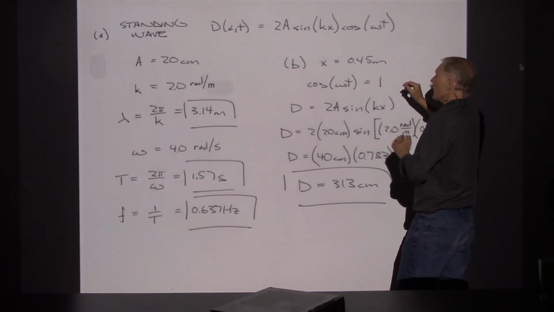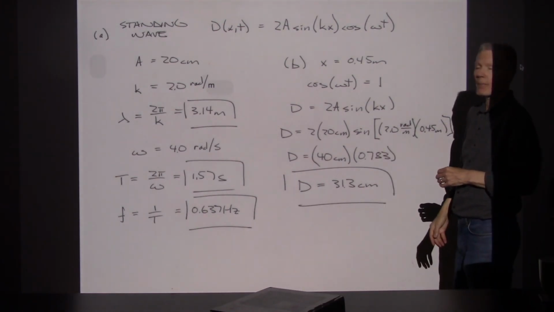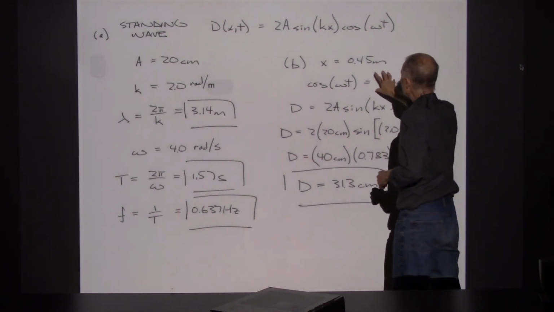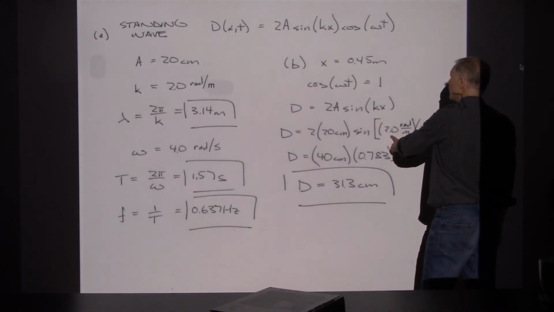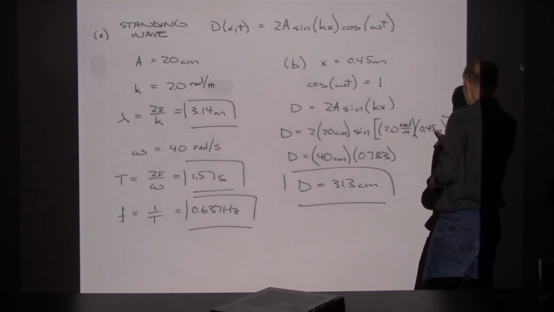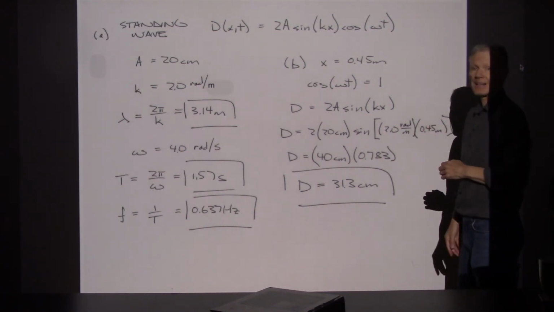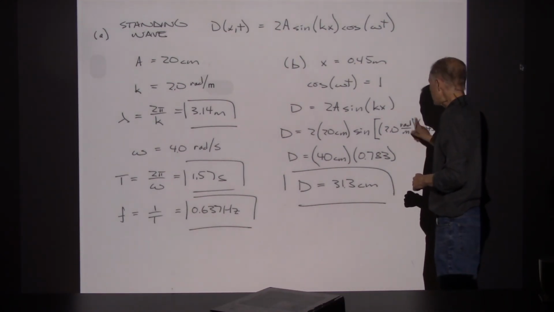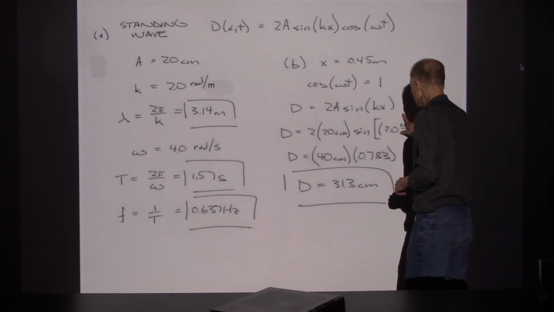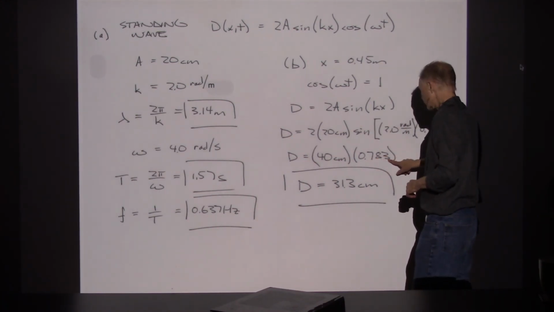That's one of the times at which the amplitude would be at a maximum. So that factor equals 1. And then I've got to put in the kx. So I put in the k value, 2 radians per meter, and the 0.45 meters, and I set my calculator to radians. Don't forget, this is in radians. So the sine of this became 0.783.